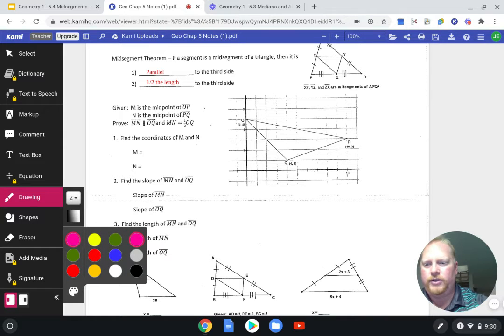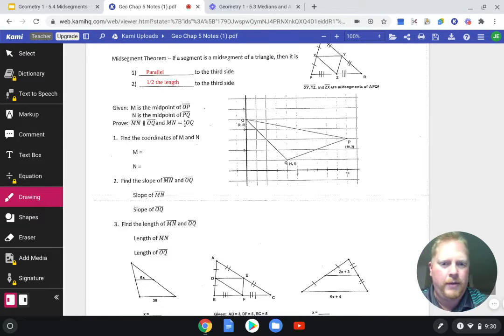I've done the calculations already, so you don't have to worry about this, but the midpoint there is (5, 4). And N is the midpoint of PQ, and that is (7, 2).